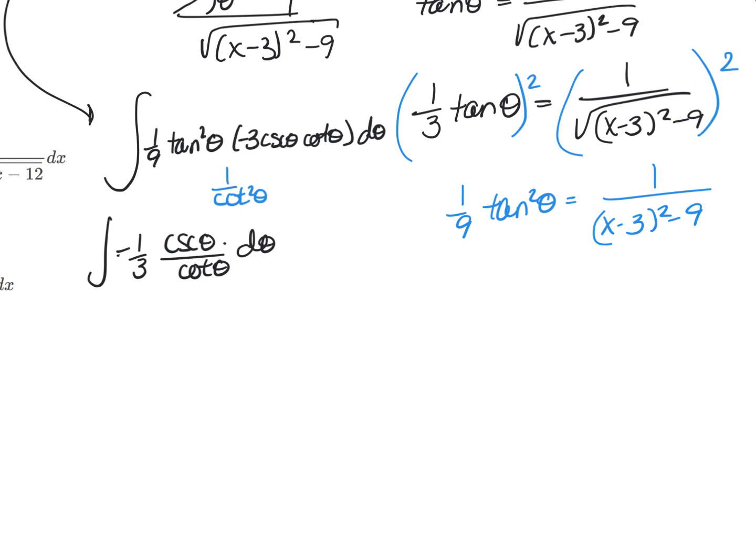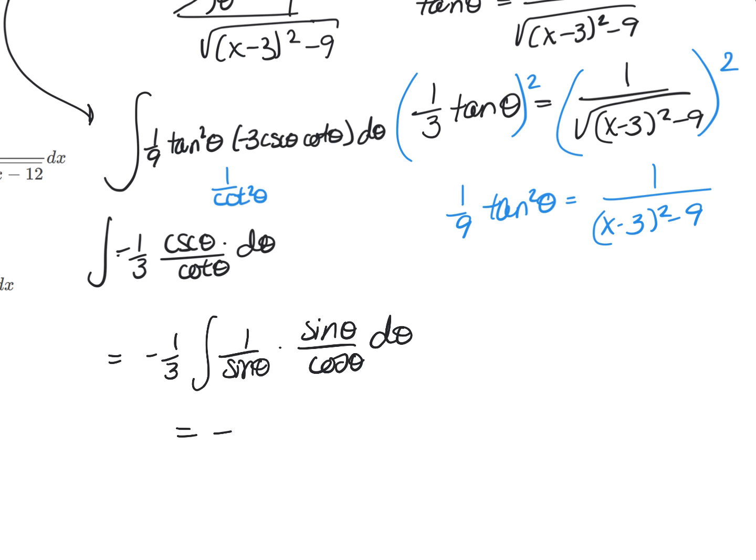I'm going to turn everything in terms of sine and cosine and see where I am. So this is -1/3. The integration cosecant is 1 over the sine of theta. Cotangent, 1 over the cotangent is tangent, which is the sine theta over cosine theta, d theta.